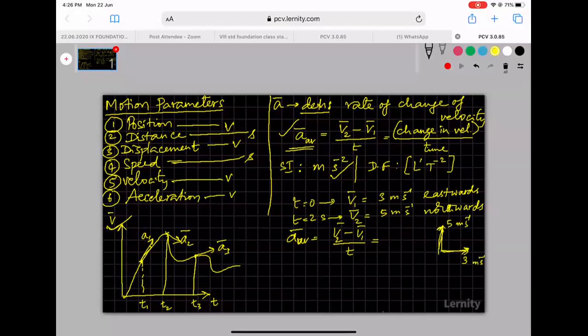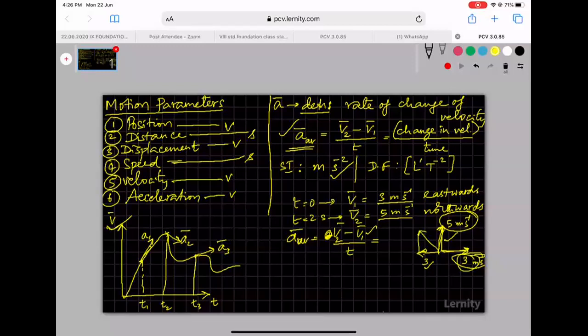You want to subtract the initial velocity from the final velocity, right? So this minus this. This need not be changed, but minus of this would be basically the other direction, this 3. So if you add this 5 and this 3, you are basically subtracting this 3 from this 5. So the addition of these two vectors gives you this direction.